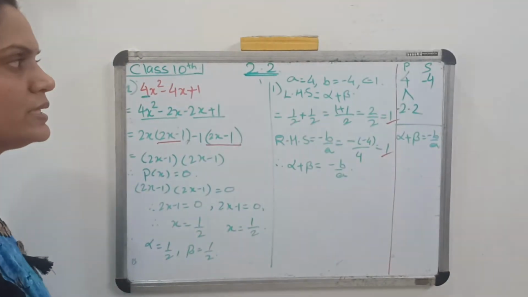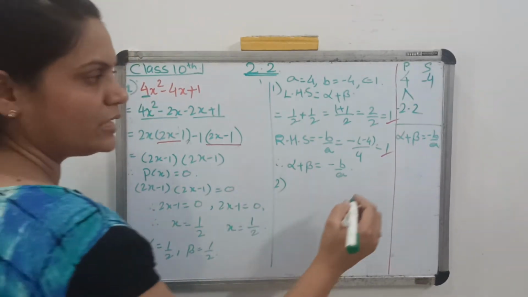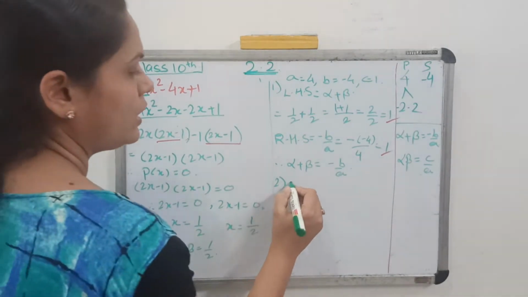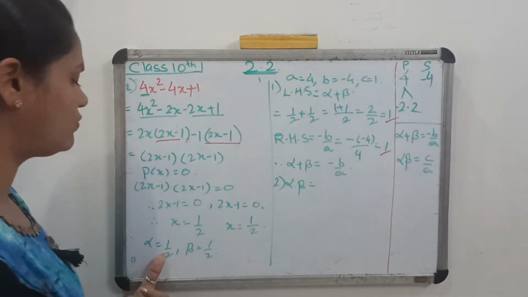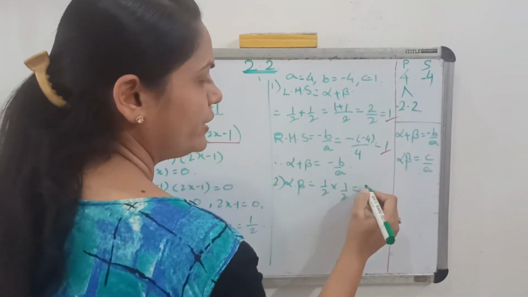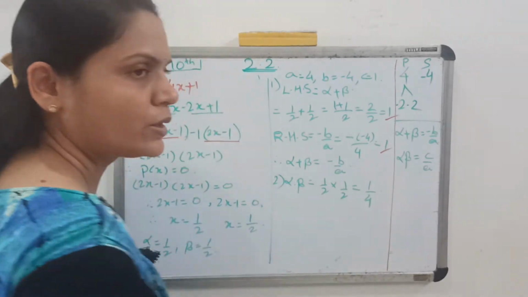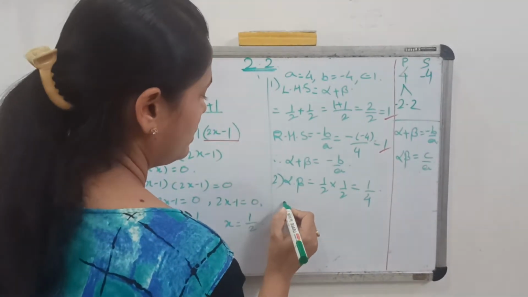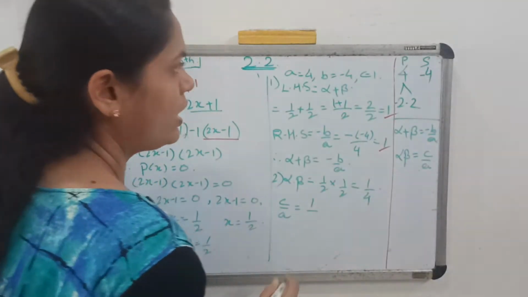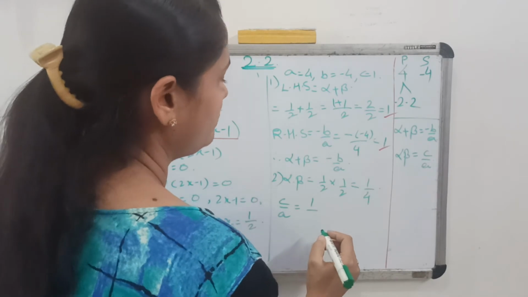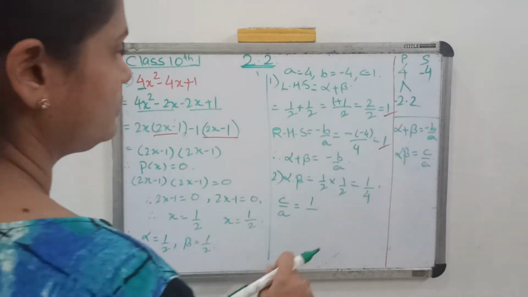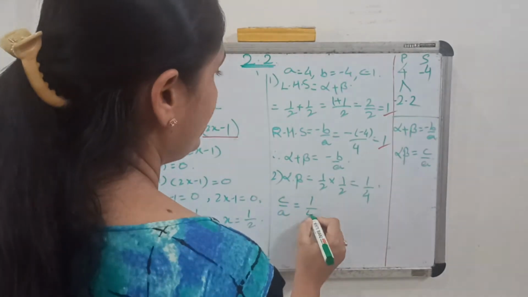Second, what is the second relation that we have to prove? Alpha beta is equals to C upon A. Alpha into beta: what is alpha? Half. What is beta? Again half. So 1 into 1, 1; 2 into 2, 4. Second is the right hand side, C upon A. What is C? 1. A is 4.